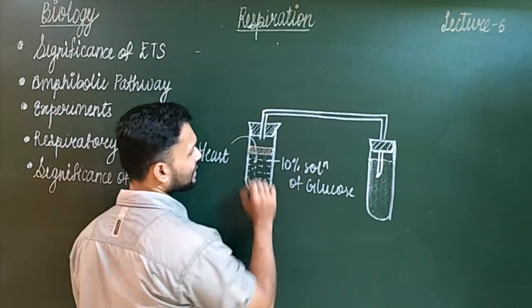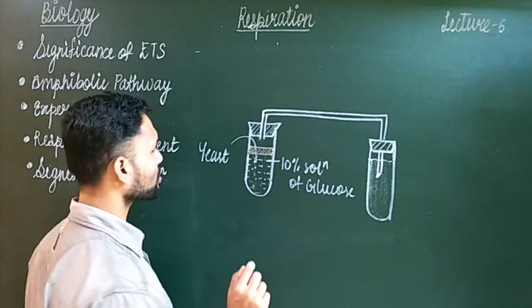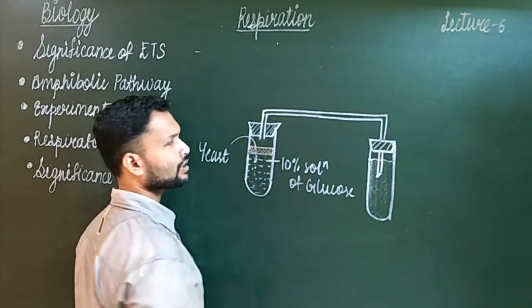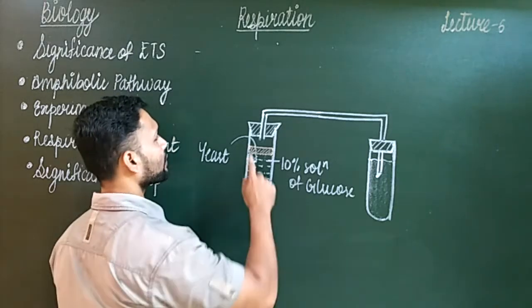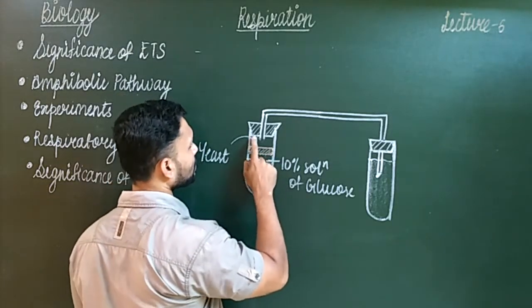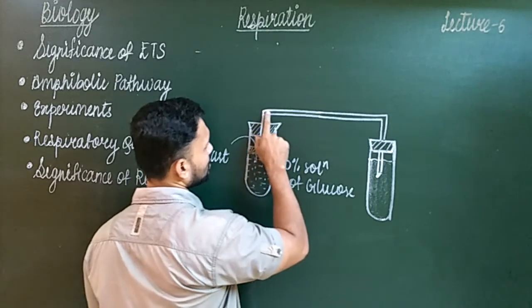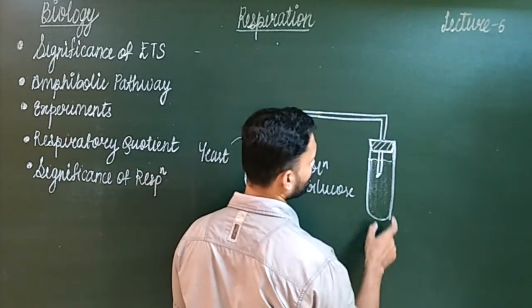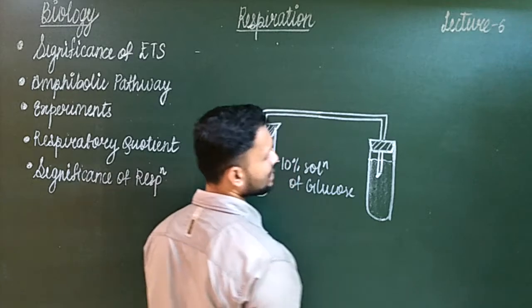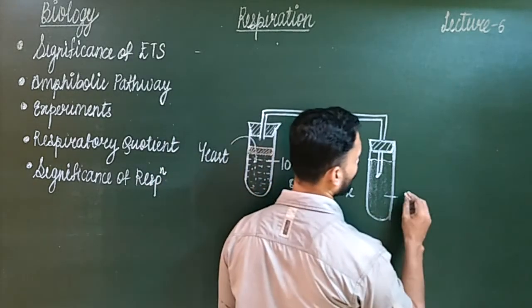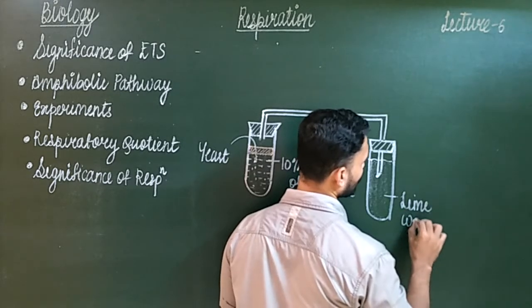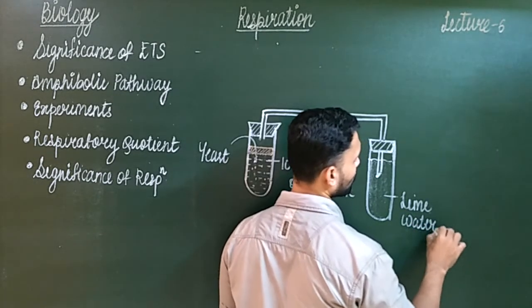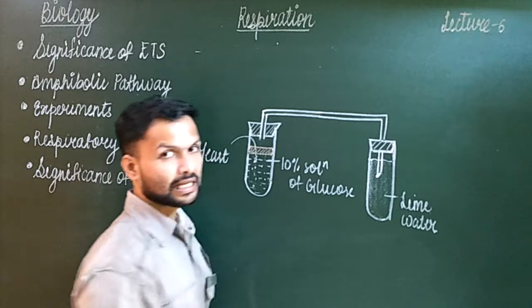Then we have sealed it with a layer of oil, because oil will ensure no air goes into this solution. Then we have tightly fitted this rubber stopper, and through that we have passed a tube which connects to test tube B, and it is immersed inside the solution of lime water. So this is lime water to detect the presence of carbon dioxide, and this is the setup.